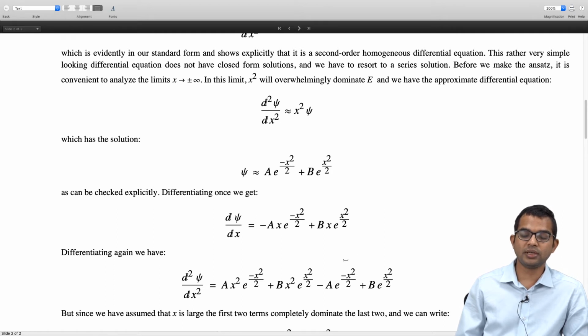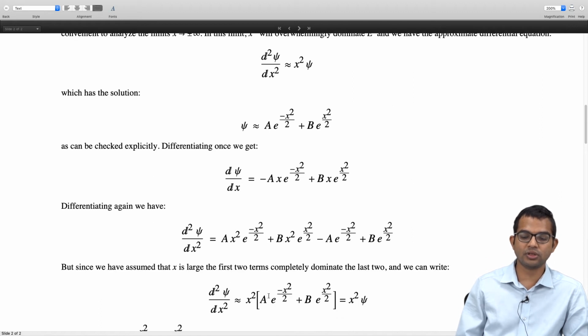And so the argument is that, for large x, since you have these x squareds sitting in the first two terms, these terms are going to completely dominate over the third and the fourth. So you can ignore the last two terms, because they're small in comparison to the first two.